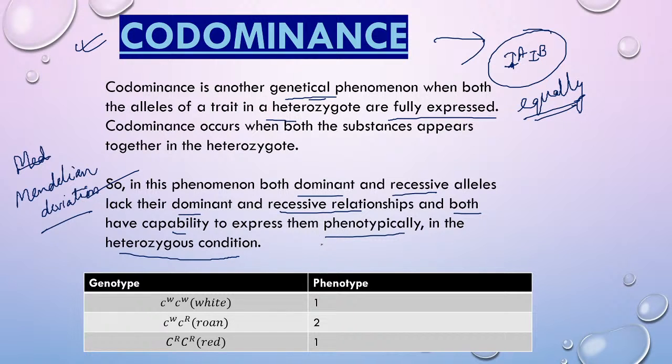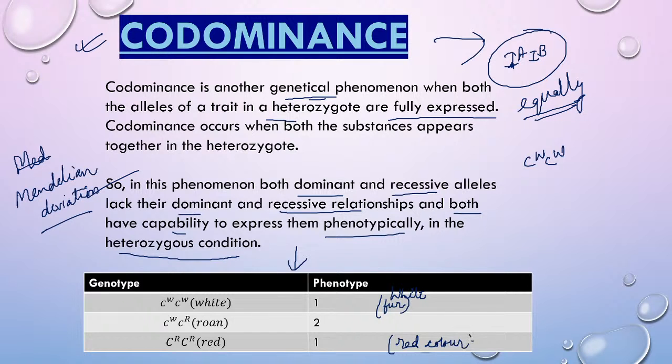Now, in case of the coat color, we see this type of codominant character. So one coat color was for the CW, and CW is coded for the white fur. Okay, white coat fur. This one is a red fur, red color fur.